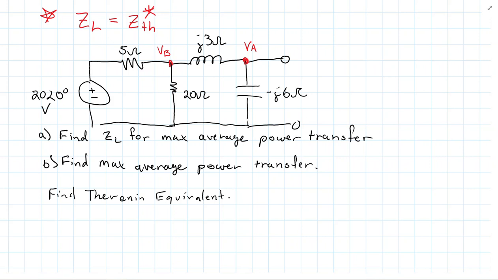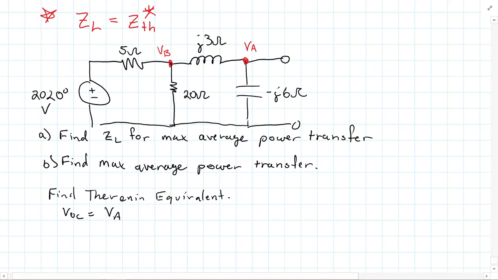Alright, so to do that, I've already labeled here two nodes, VA and VB, because of course to find the Thevenin equivalent I need to find the open circuit voltage, and we can see here that V open circuit is equal to VA.